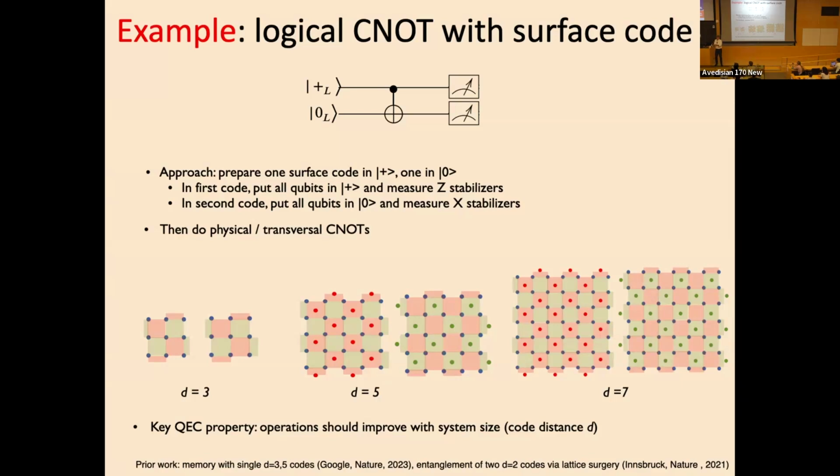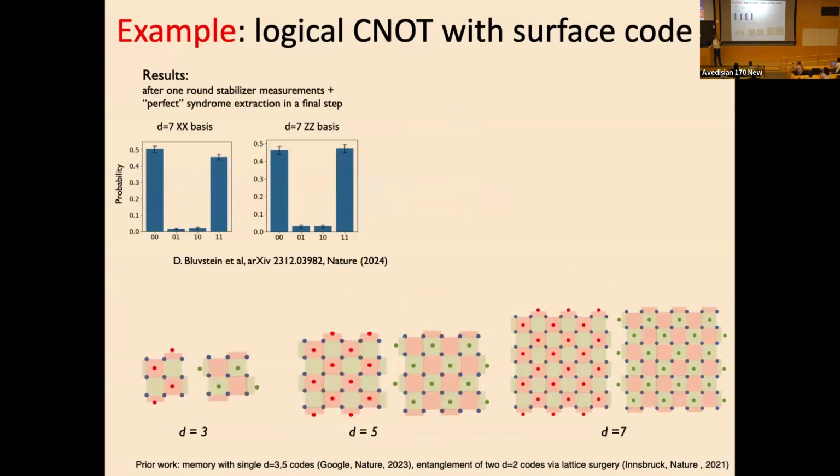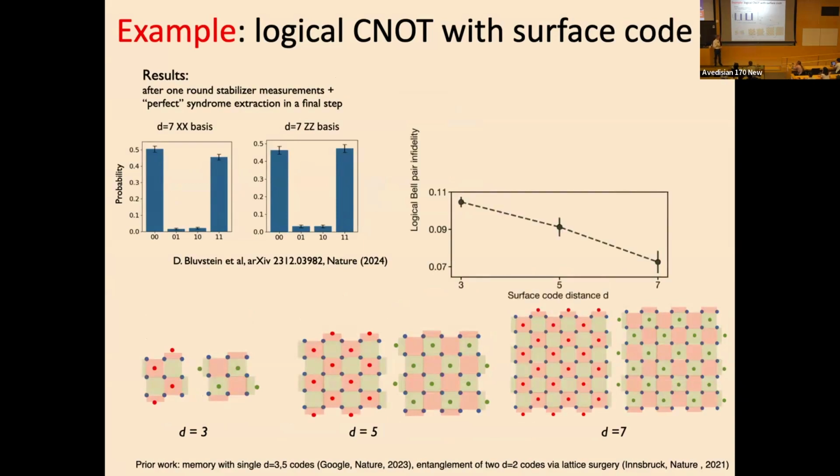Usually a bigger entangled state will result in more errors, but here the hope is that with the larger state you will actually reduce the errors. And indeed, what we find, for example, if we do the measurements on the largest code in XX and ZZ basis, is that they're clearly entangled. And moreover, what we see is that the error indeed decreases as we increase the code distance.